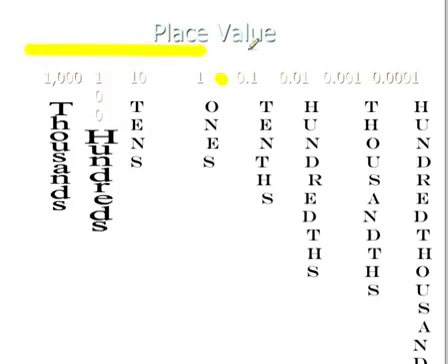Everything to the right of the decimal is a piece or a part of a whole. You all know that to the left of the decimal, it goes ones place, tens place, hundreds place, and thousands place. To the right of the decimal, it's almost the same except we skip the ones and go right to the tenths, the hundredths, the thousandths, and the hundred-thousandths.